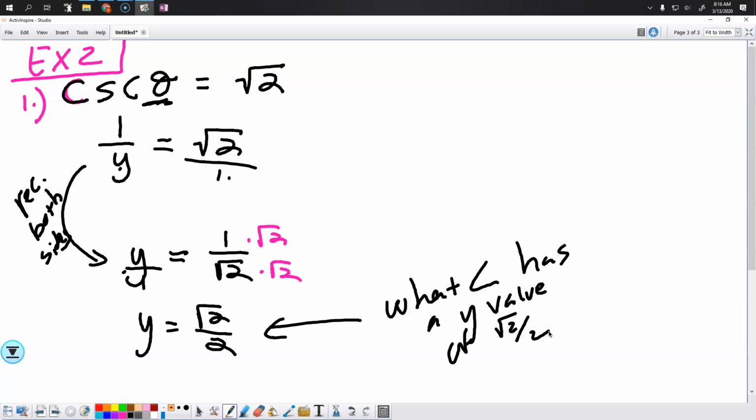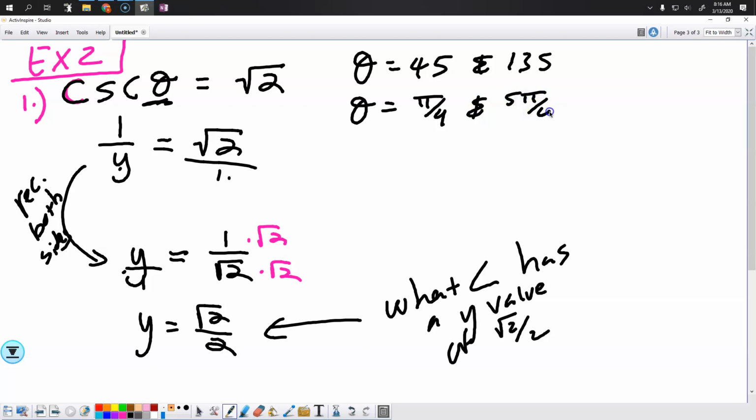All right, I had to think about that one. Or we could say in radians pi over 4 and 3 pi over 4. So we have to kind of flip them over, if you will.